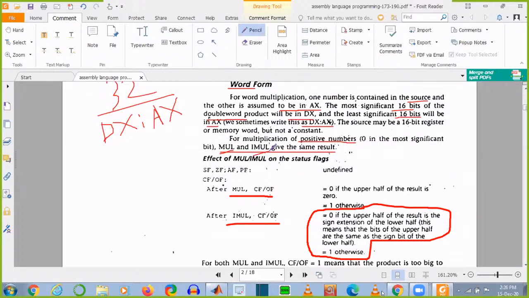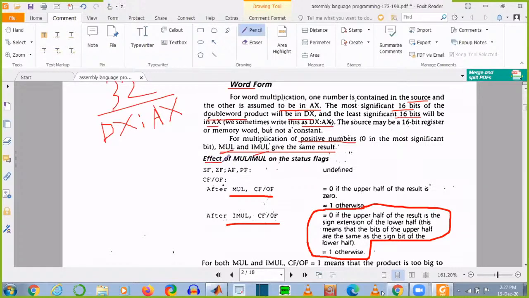If the number is positive, whether you perform signed or unsigned multiplication, there will be no change, because a positive number is always the same for signed and unsigned. So for positive numbers, signed and unsigned are the same.